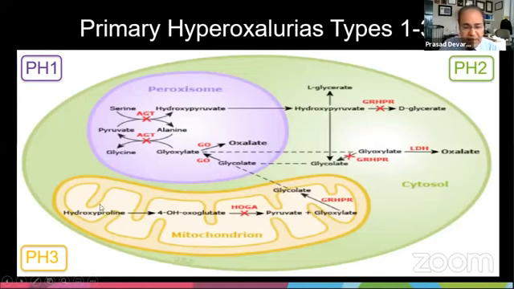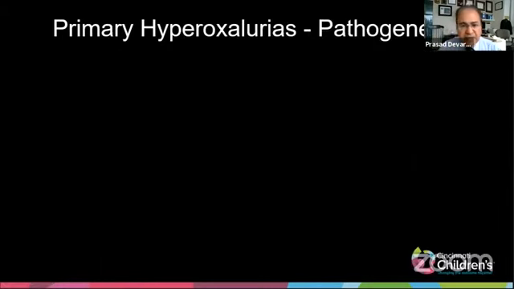And then in the mitochondria, the HOGA gene is responsible for conversion to glycolate, and excessive production of that leads to oxalate production. So in the purple is the most common, peroxisomal AGT deficiency. The second most common is a problem in the cytosol. One enzyme, one mutation can cause this havoc.